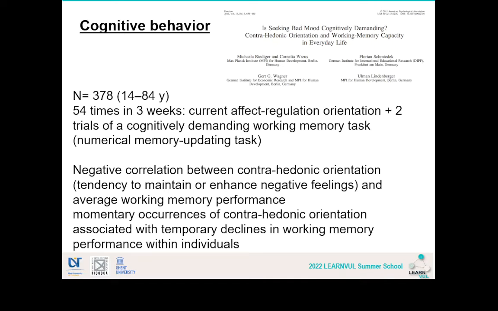They were also looking at differences between people with a contrahedonic orientation, which means that when you are in a bad mood, you keep being in a bad mood, in the sense that it's not functional, but you're doing it.